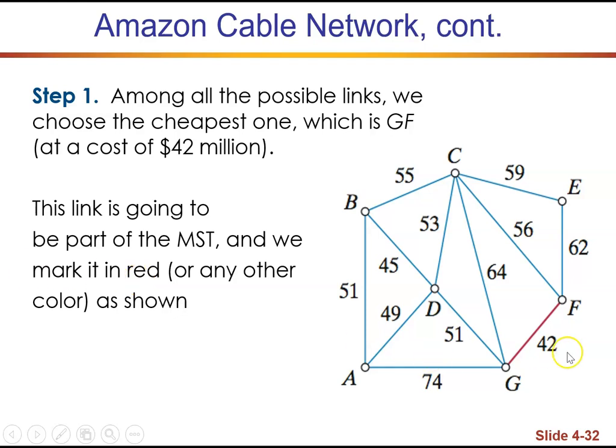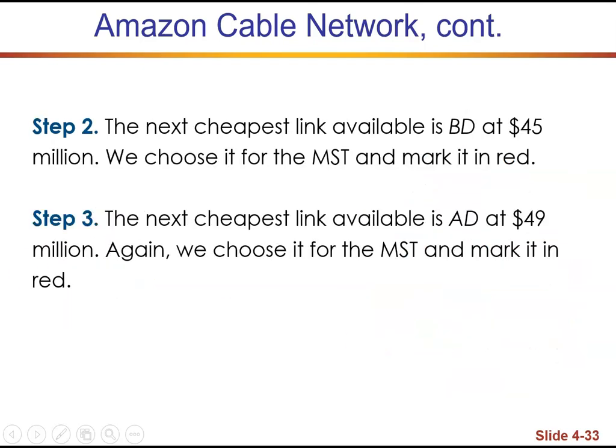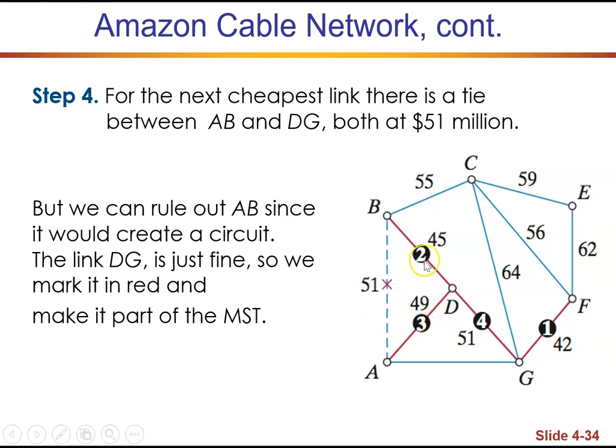The cheapest one so far is 42, so we'd for sure pick that one. Then the next two would be 45 and 49. Then 51, where there's a tie, but we cannot choose AB because that would create a circuit. So we'd have to choose DG.